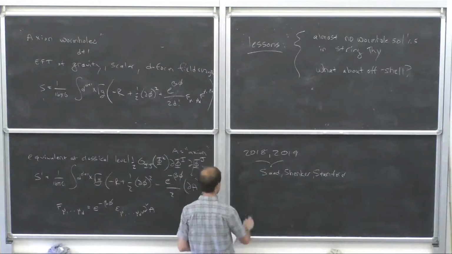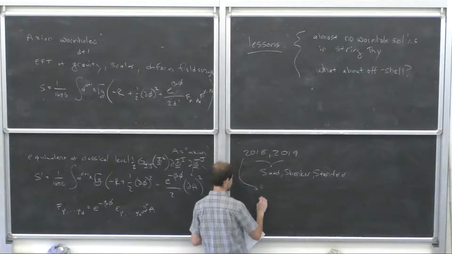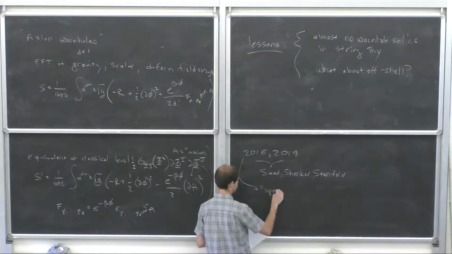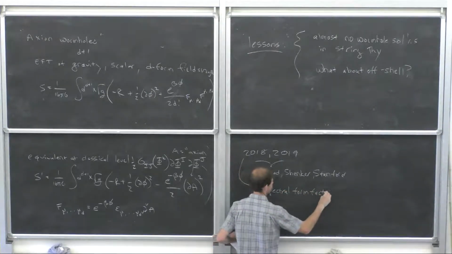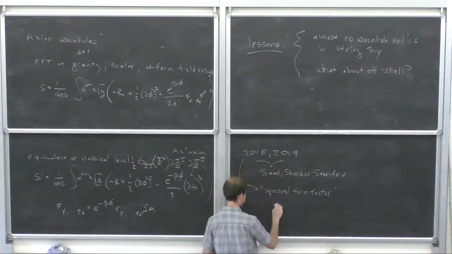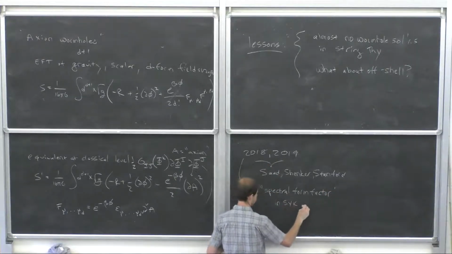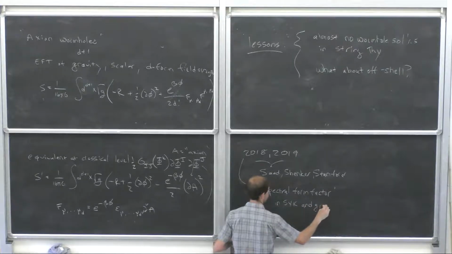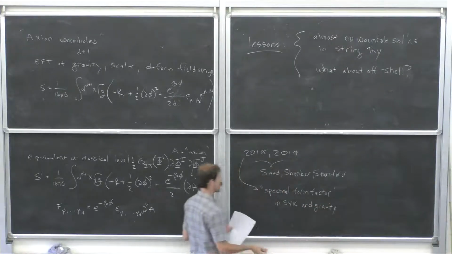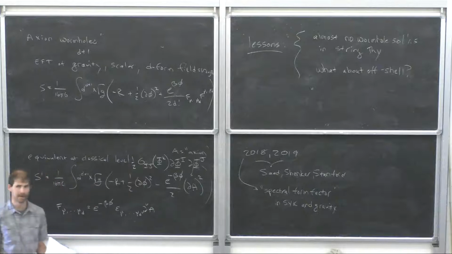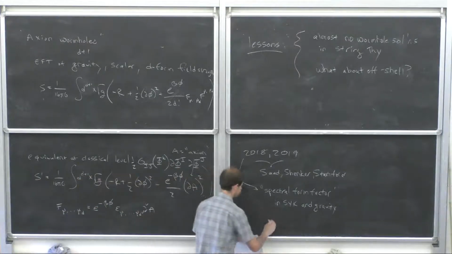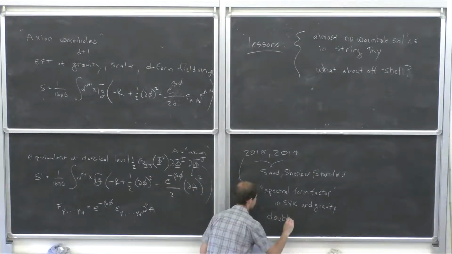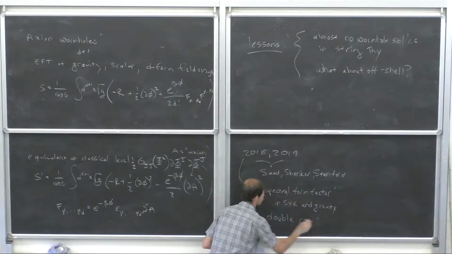The 2018 paper studied something called the spectral form factor in the SYK model and in gravity, and introduced a very unconventional wormhole saddle in Lorentzian signature, not in Euclidean, called the double cone, that I will have much to say about shortly.